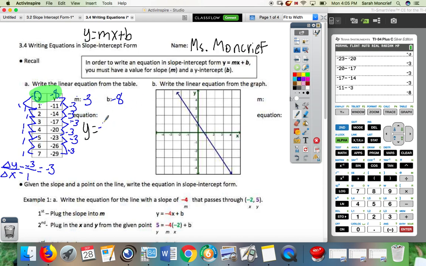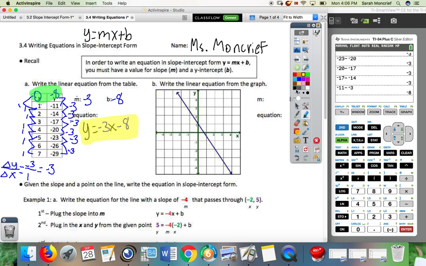Negative 3, so negative 3x. And what do I get for b? Negative 8, so minus 8. And that is your answer, just your equation in slope-intercept form. Remember, it is important that you include the y equals and the x value.